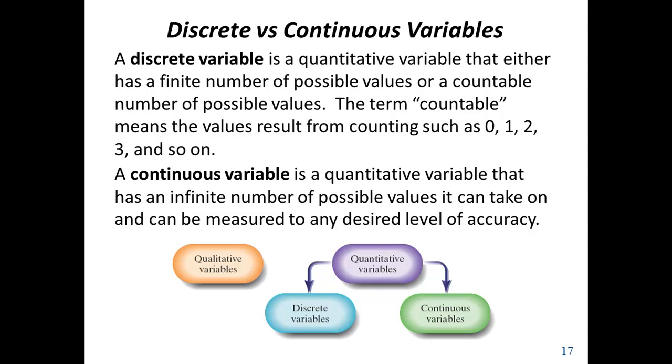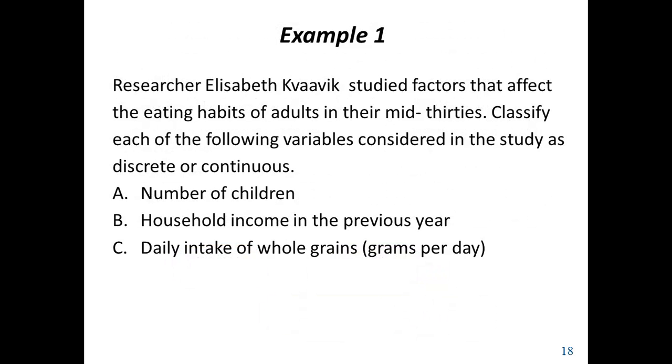So an easy way to figure out if it's a discrete or continuous is how many or how much. Or think, for example, if something can take integer values or can take any values. Integer counting process will be discrete. Let's go to see this example. Number of children, 1, 2, 3 and so on.